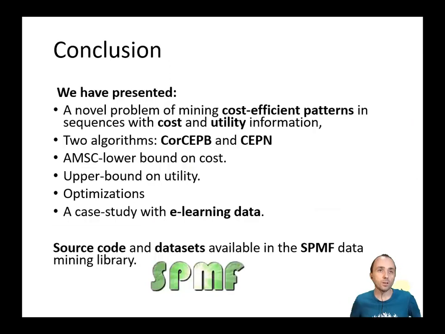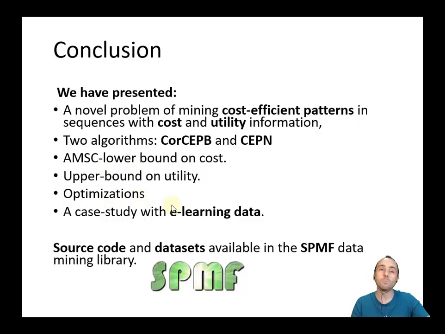So in conclusion, in this talk, I have presented a new problem of finding the cost-efficient patterns in sequences with cost and utility information. We have presented two algorithms, CEPB, or we also call it CEPB with correlation, and CEPN for the numeric utility. We have presented some lower bound on the cost, some upper bound on the utility, and some optimization.